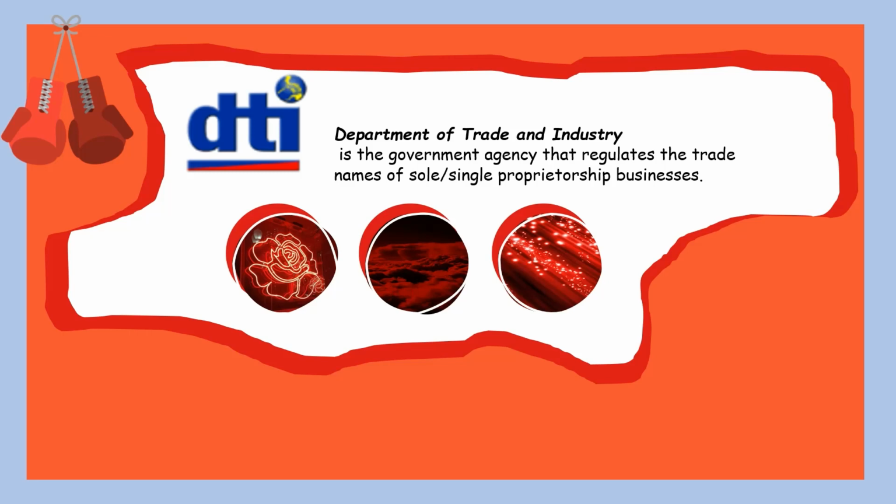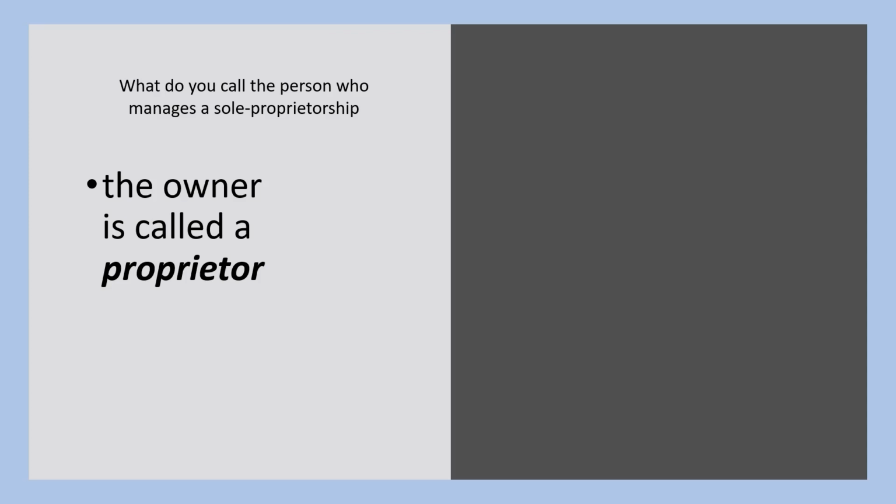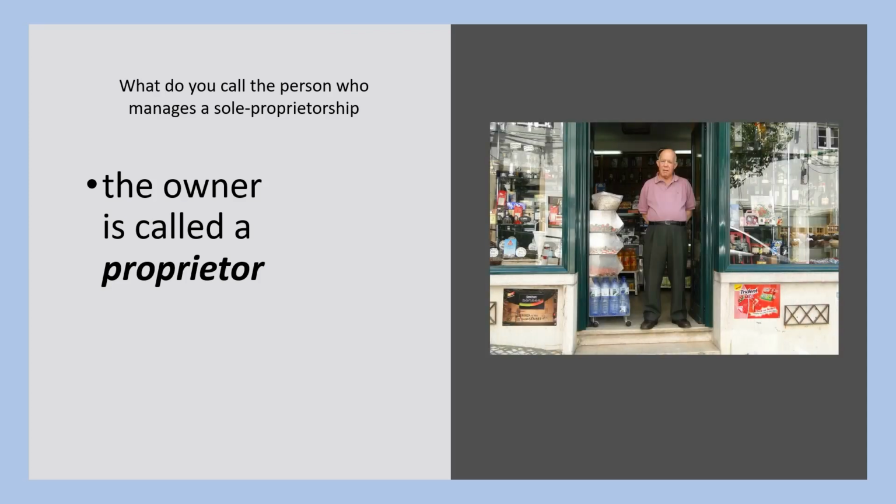The Department of Trade and Industry is the government agency that regulates the trade names of sole or single proprietorship businesses. What do you call the person who manages a sole proprietorship? The owner is called a proprietor.